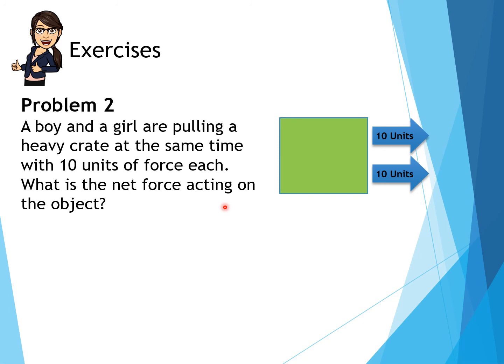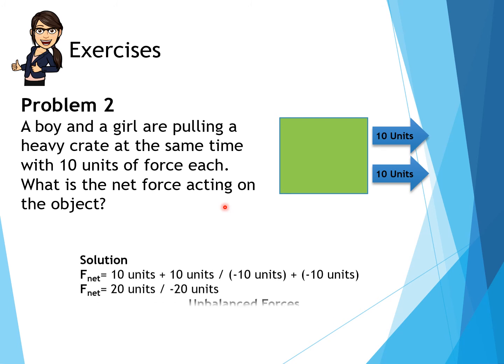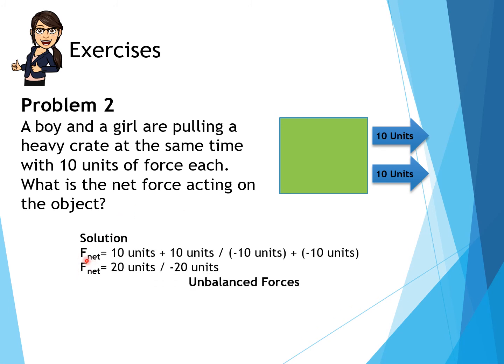Okay, let us have now our solution. So the formula, we have the net force is equal to 10 units plus 10 units. As you can see, they have similar signs because they are acting in the same direction. Or also, we can use negative 10 units plus negative 10 units.